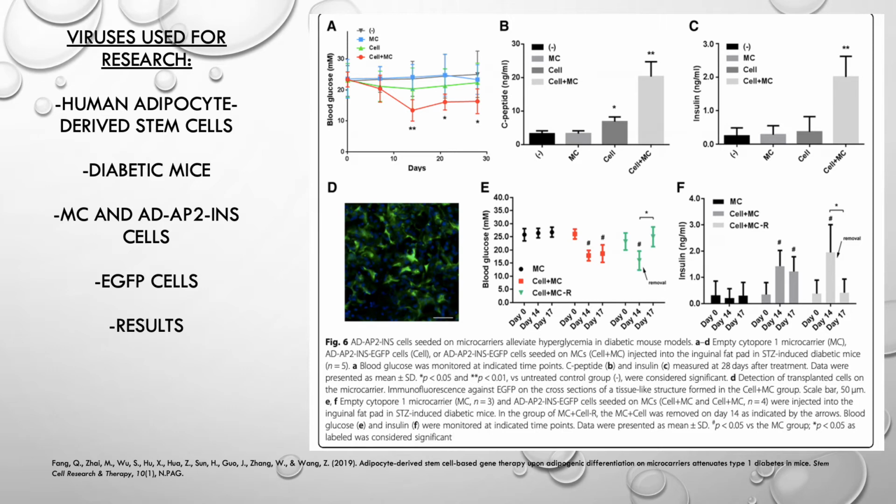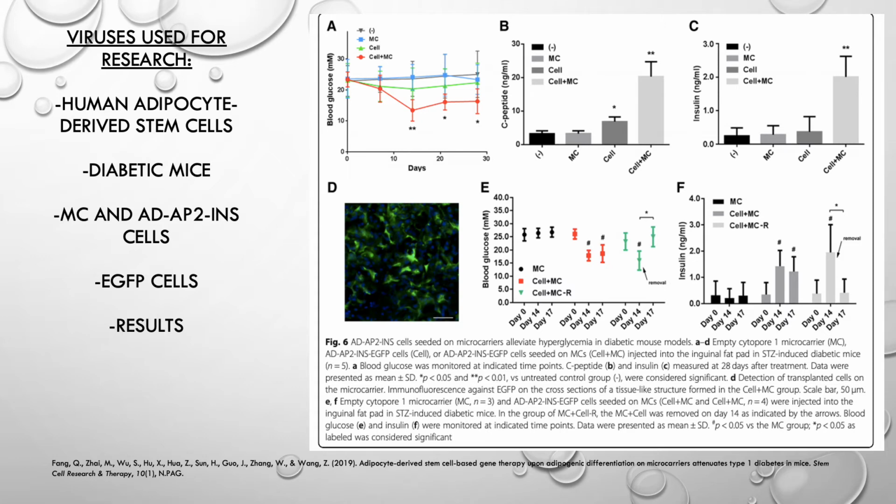This study wanted to see the measurements or levels of insulin before and after the adipocyte-derived stem cells, and to find the presence or absence of the promoter AP2, which is the adipocyte-specific promoter.